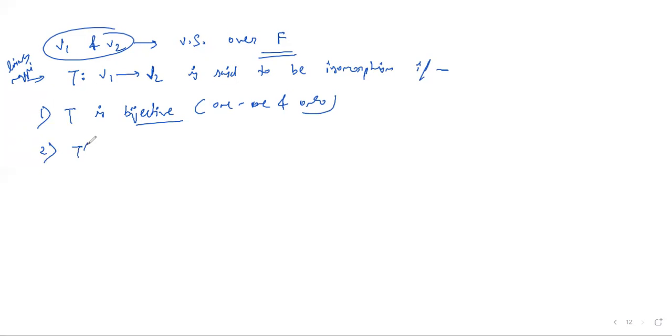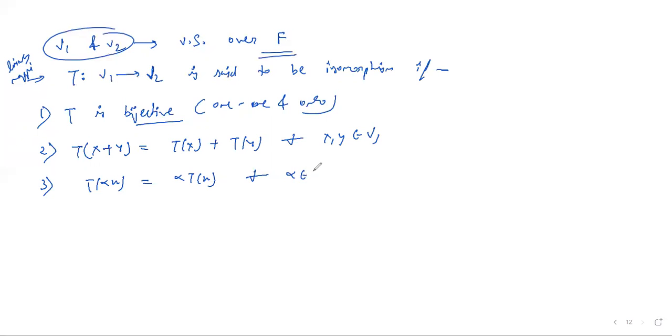Second, the transformation of x plus y can be written as T of x plus T of y for all x, y belonging to V1. And third, T of alpha x equals alpha times T of x for all alpha belonging to F and x belonging to vector space V1.